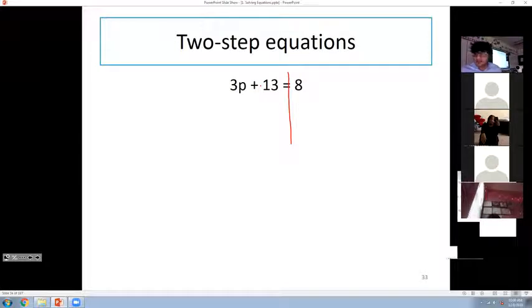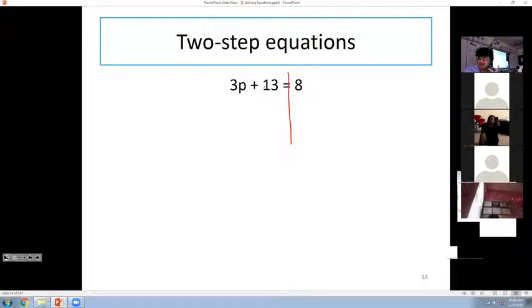How can we take away 13? 3p is added 13, but we are supposed to take away 13.